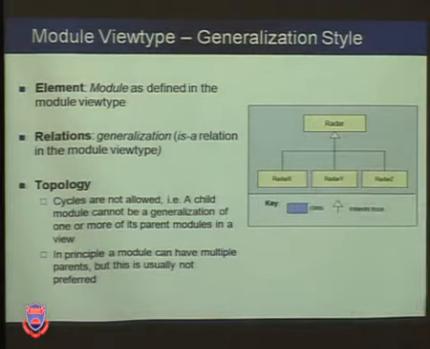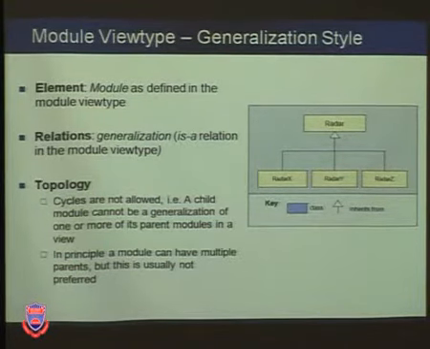Topology constraints: cycles are not allowed. That is, a child module cannot be a generalization of one or more of its parent modules in a view. A module can have multiple parents, then we have multiple inheritance, but this is usually not preferred.